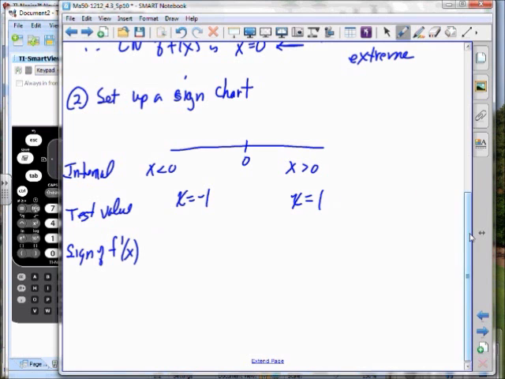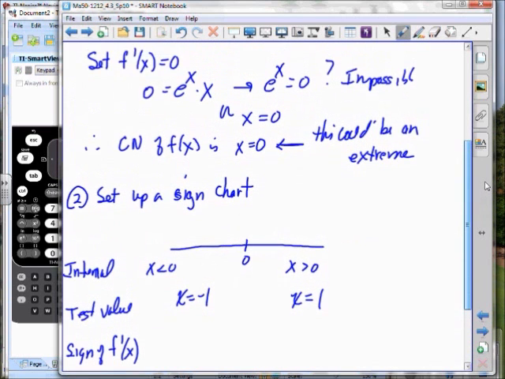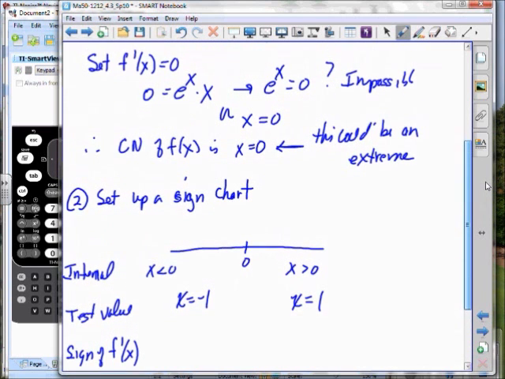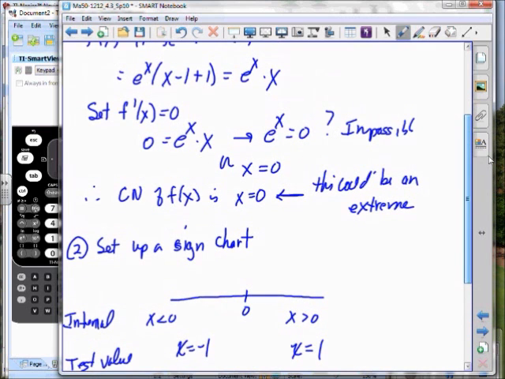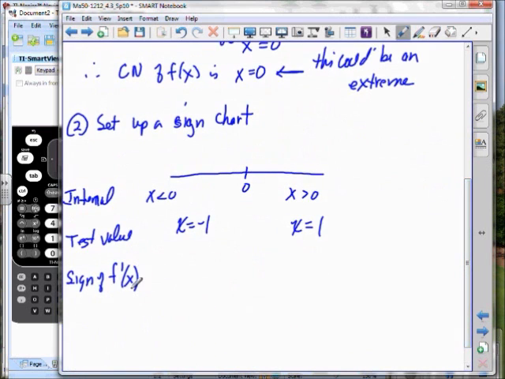So I'm going to go back to my derivative, which was e to the x times x. Right down here so I can remember it. And if I look at the first derivative at -1, I have e to the -1 times -1.